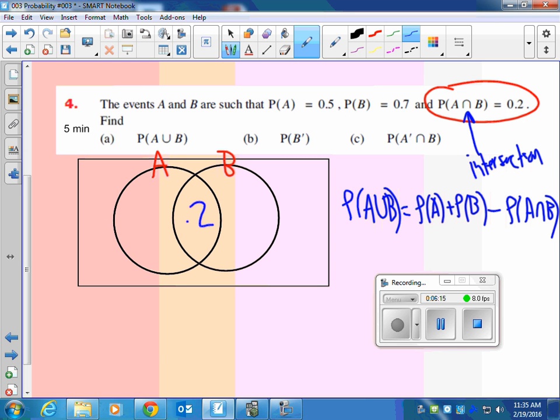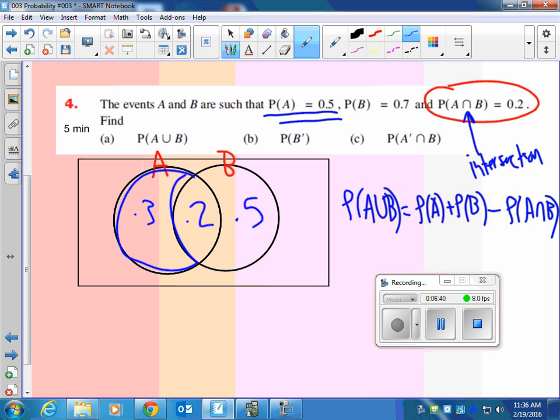So this is a way that we can find intersections if we know union A and B. Well, that's not this problem. Now, if probability of A is 0.5, and we know the intersection is 0.2, what's in this moon here? Point what? 3. And what's in this moon for B? Point, what's that? 5, yeah.